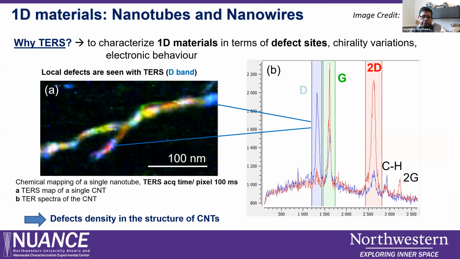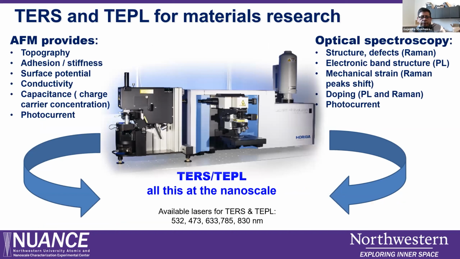On the right, you can see the spectra you can get, and you can easily identify those D bands and G bands. The ratio of these will give the amount of defects within these materials. So you can get both a map and spectra, and it's pretty high speed, so you can get these spectra pretty quickly. And this is the type of system that we are getting here.